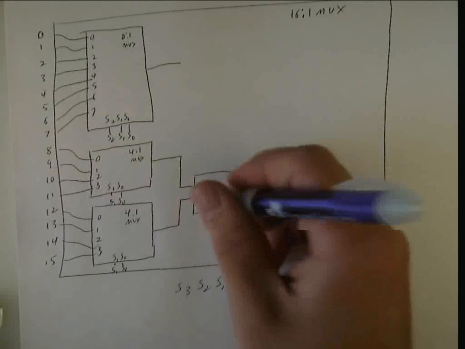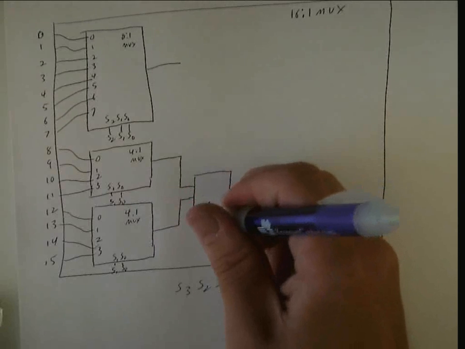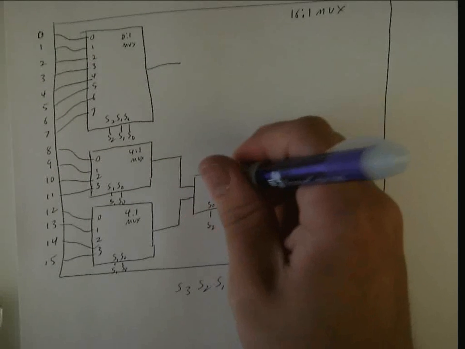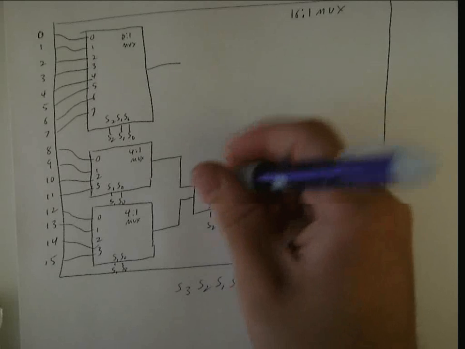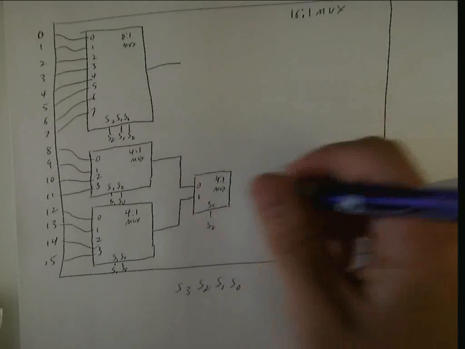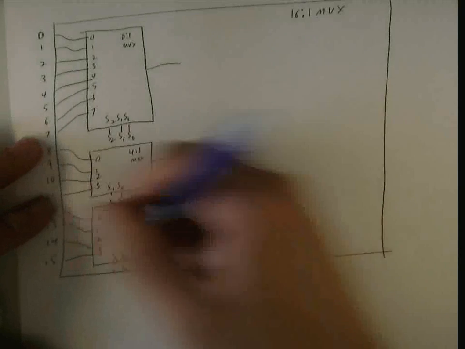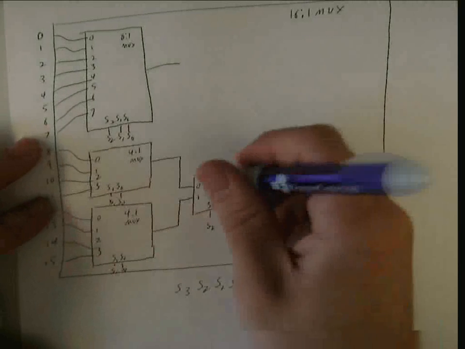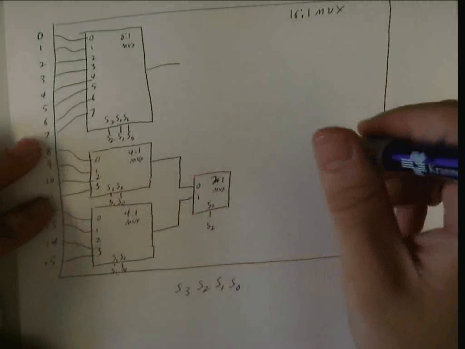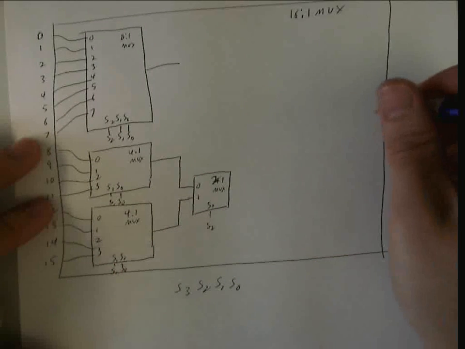That'll distinguish based on S2. So this is S0, gets S2, 4:1 mux, 0, 1. And so essentially what's happened here is I've basically created another 8:1 mux out of my two 4:1s and my one 2:1 mux.